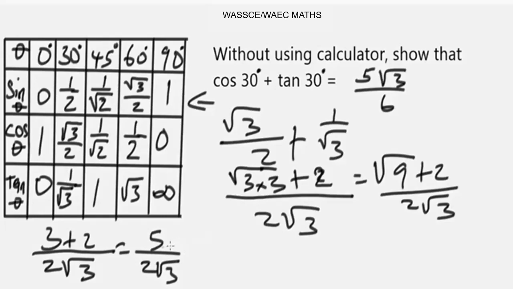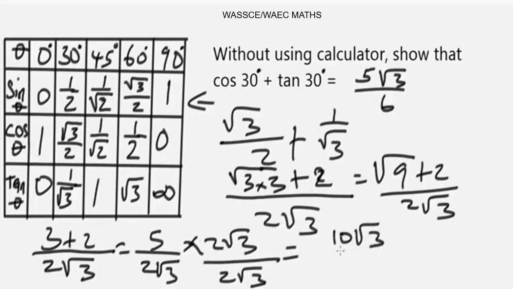So if we rationalize this, we multiply by 2 root 3 over 2 root 3. When I simplify this, we're going to have 5 times 2 root 3, which is 10 root 3, over 2 root 3 times 2 root 3, which will be 4 root 3 times root 3, that gives us root 9.